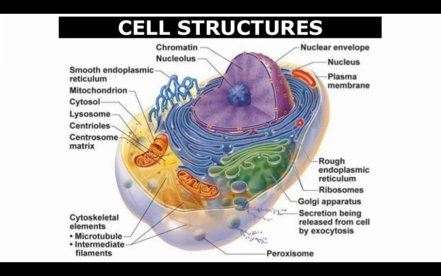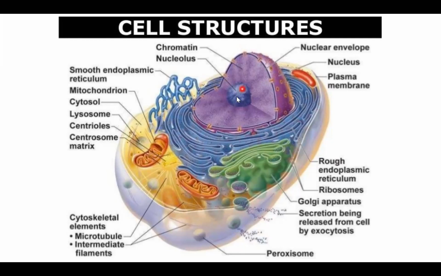So we want to make sure that we can make proteins, and the information we need to make proteins is stored in DNA. So our nucleus is where the DNA lives. All of this purple in here is DNA. And then there's this blue center, that's the nucleolus. That's still DNA.